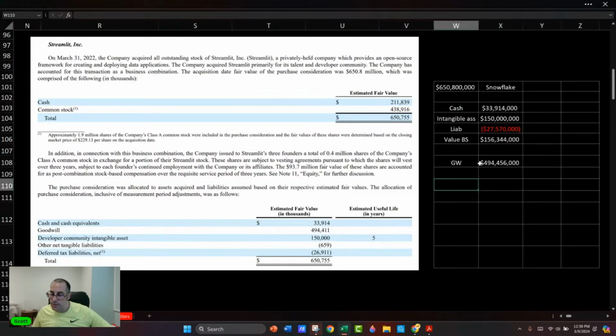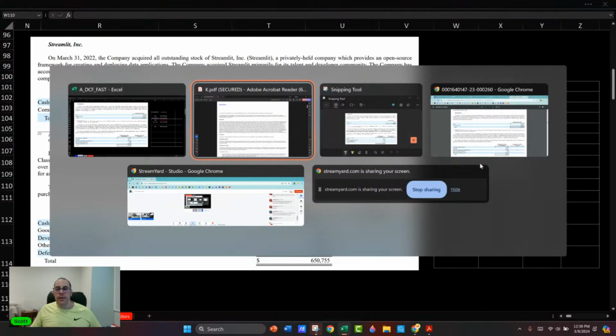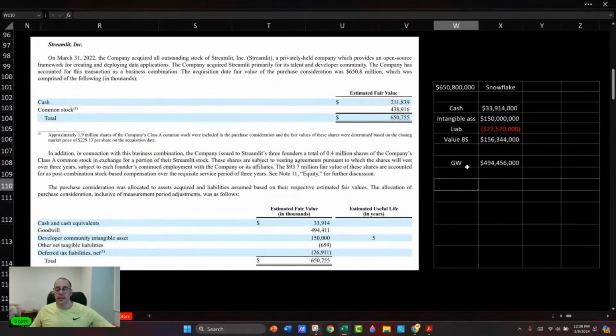Why? What's so low? Nike's goodwill? You can only get goodwill through acquisition. When you look at a company's balance sheet, like Apple has no goodwill on their balance sheet because they don't acquire companies for more than they're worth.